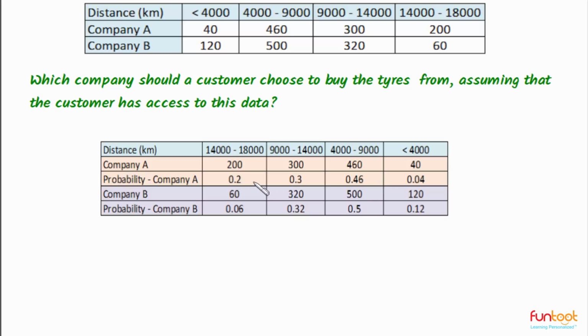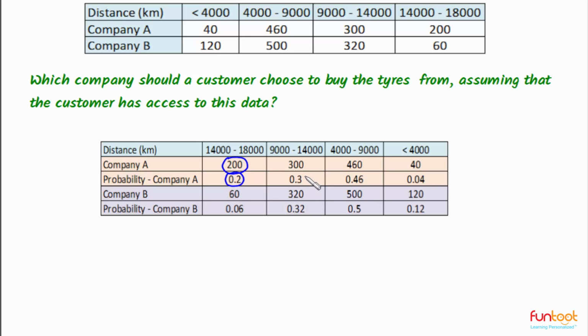So here we have calculated the probabilities of tires being replaced separately for company A and for company B. So number of tires being replaced covering distance between 14,000 to 18,000 kilometers is 200. And these are 200 tires out of 1000 tires. So the probability will be 200 by 1000, which is 0.2.